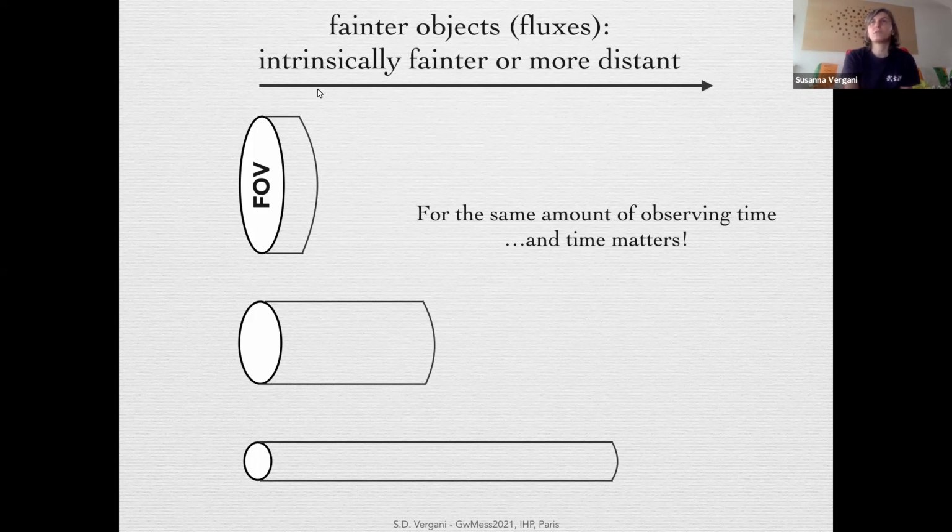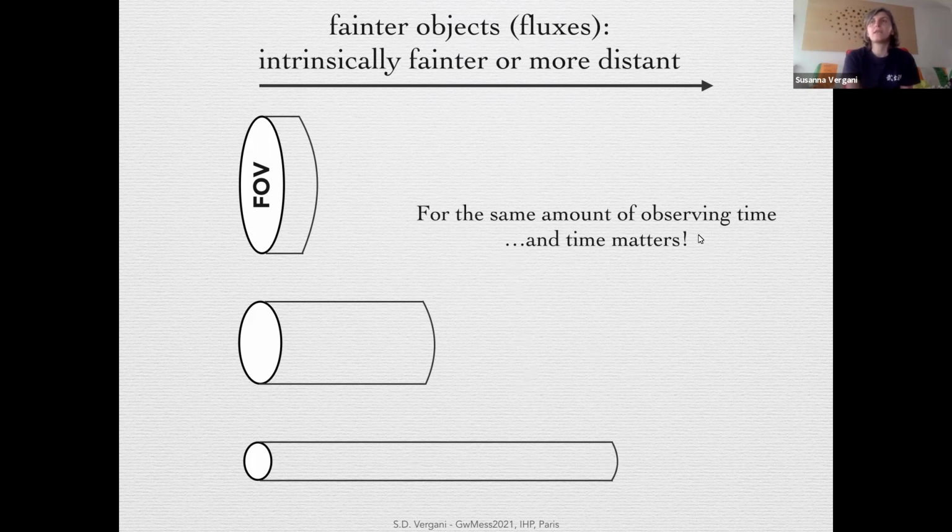If we suppose these lines drawn from a brighter to a fainter object, for a telescope with a large field of view, I have sensitivity only to the brightest objects. And I will miss the objects that are intrinsically fainter or simply more distant, okay? And the opposite is true for the larger mirror telescopes that have a very small field of view, but are able to detect the faintest objects, okay?